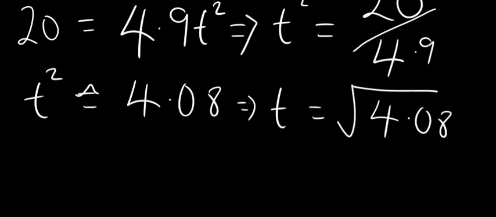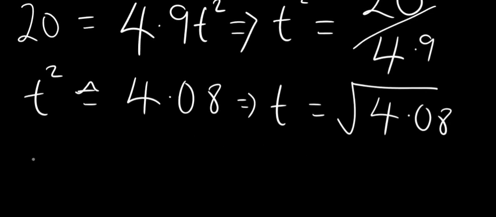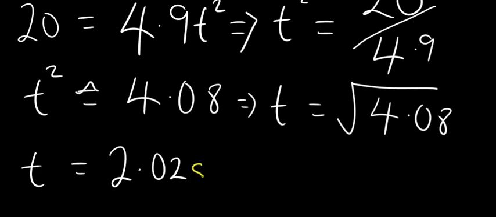Is that clear? So it means that t, the square root of 4.08, is going to be 2.02, and this is in seconds. So that is our answer.